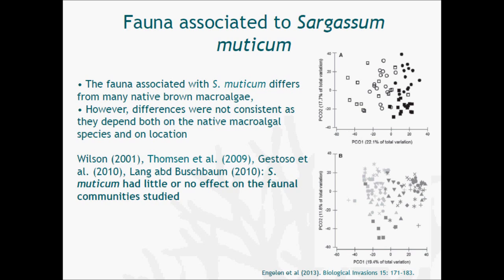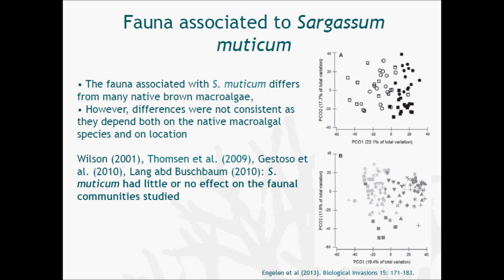These are the fauna associated with Sargassum and many other species. So the conclusion of this work was that the fauna associated with Sargassum muticum actually was different from the fauna associated with the local species, but this varies a lot. It varies with the species, with the zone, with the site. It's not a consistent pattern. They are different, but not that different.